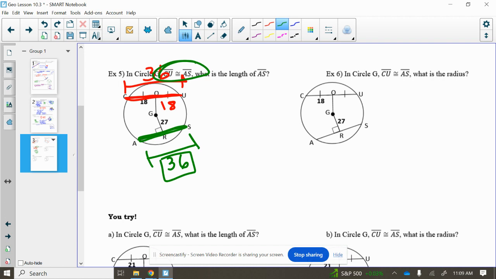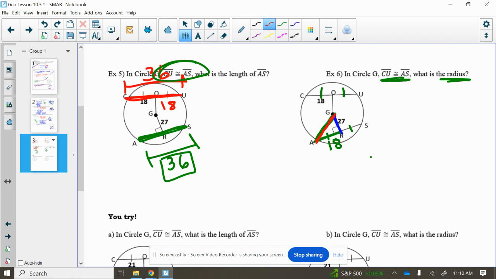Over here in example 6, this time they are asking us for the radius of this circle. Okay, well, if we look at this given info, again, we know that these are congruent, including AR and RS to what CO and OU are. So we know that A to R is 18. We are also given that G to R is 27.